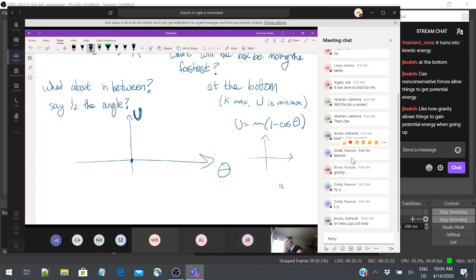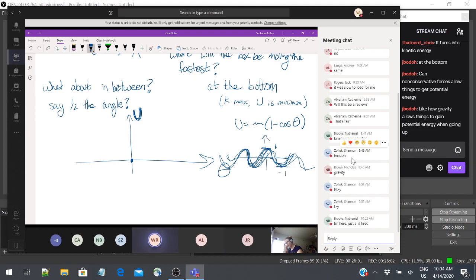Okay, cosine theta looks like, pretend that's a, whoop, didn't mean to do that. Pretend I can draw graphs, right? That's what cosine theta looks like. So 1 minus cosine theta. So this is 1.